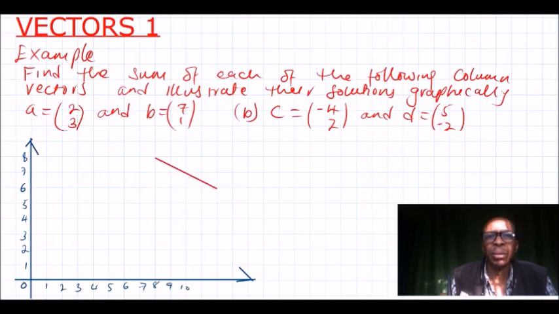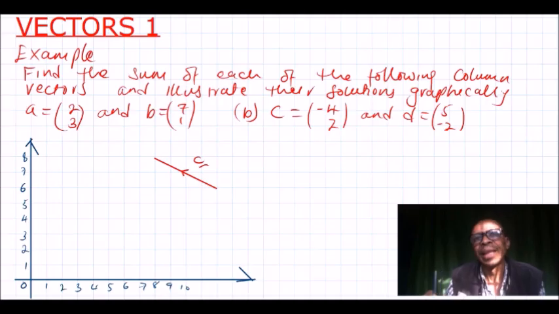So this vector is not like that, but like that. So along the x-axis it is negative 4, and along the y-axis it is positive 2. So that is vector C.